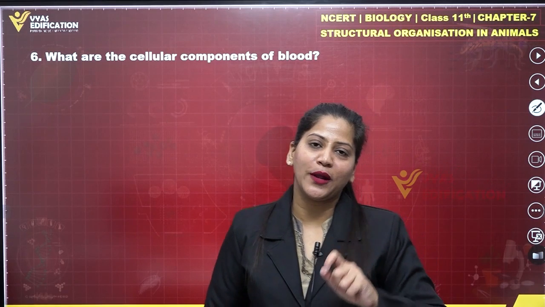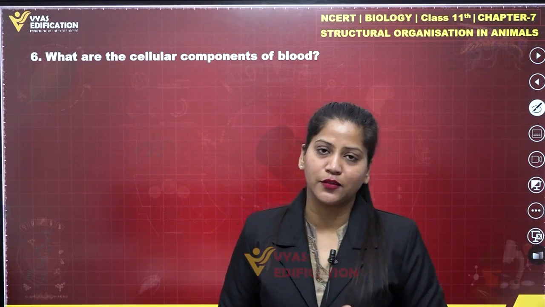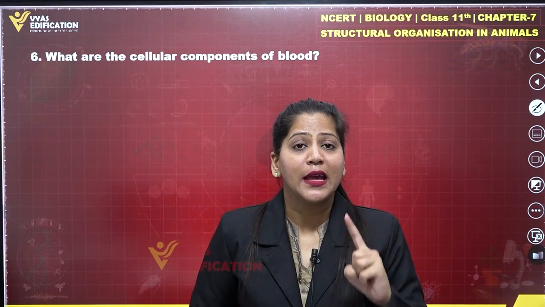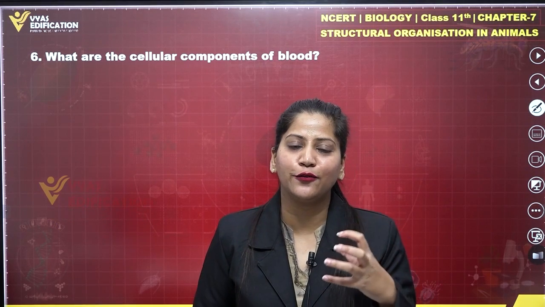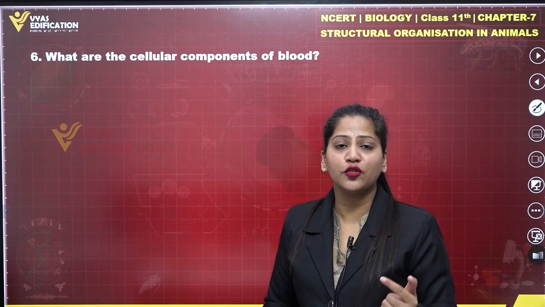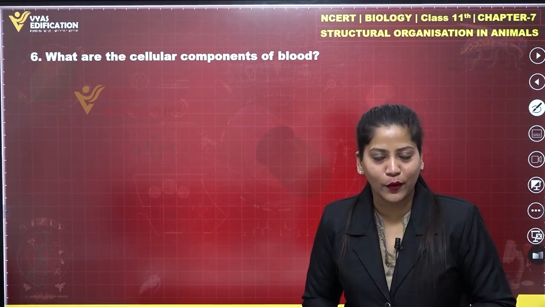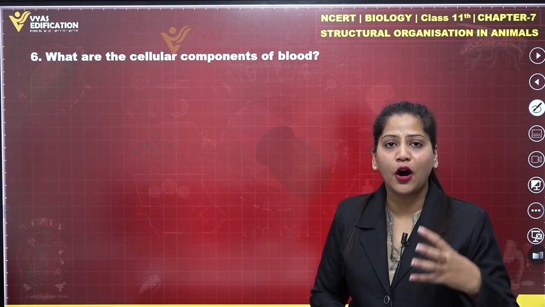So, thrombocytes or platelets function as blood clotting cells. These are cell fragments which are made from the megakaryocytes of bone, and the main function of them is that they help in blood coagulation or blood clotting. So, these are the cellular components of blood.